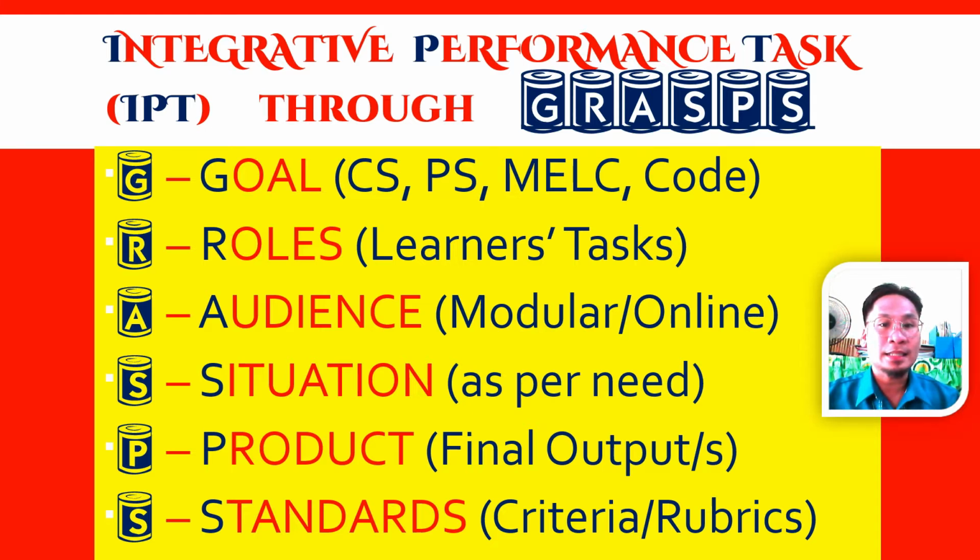The P is the product, the final output or outputs of the learners. And finally, the last S is for the standards, or the criteria and rubrics to be used in evaluating the integrative performance task. Hence, it is called the GRASPS approach of IPT crafting.